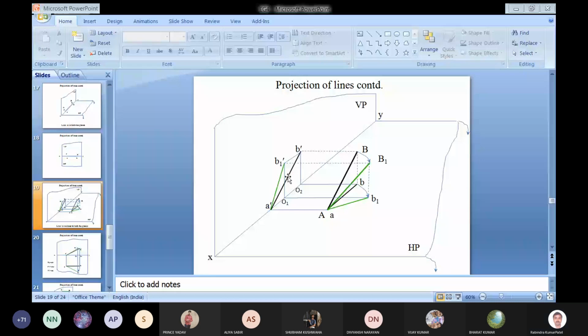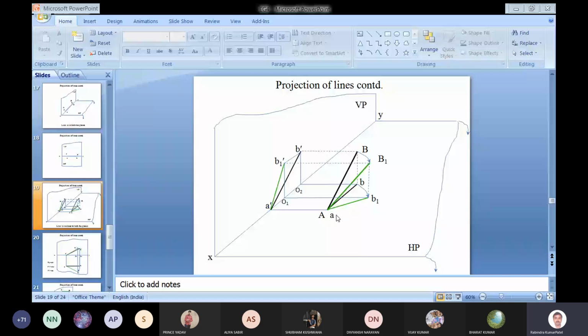When we draw a projection line here and draw a perpendicular line here, we can get this point. How will we get these projections? We can draw a perpendicular onto the horizontal plane and we will get b, and point A is in the horizontal plane only, so small a will be at this point.